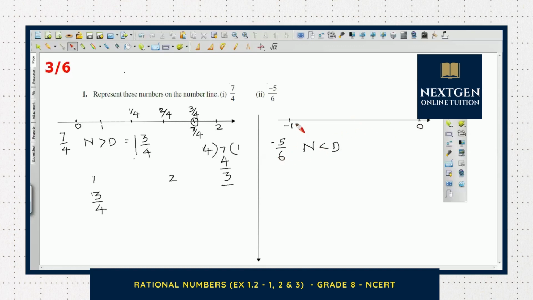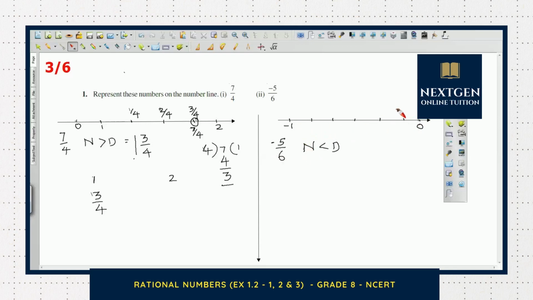Now I need to divide this part, between 0 and minus 1, into 6 equal parts. To get 6 equal divisions, I need to mark 5 lines: 1, 2, 3, 4, 5. You can count and see: first part, second part, third part, fourth part, fifth part and sixth part.